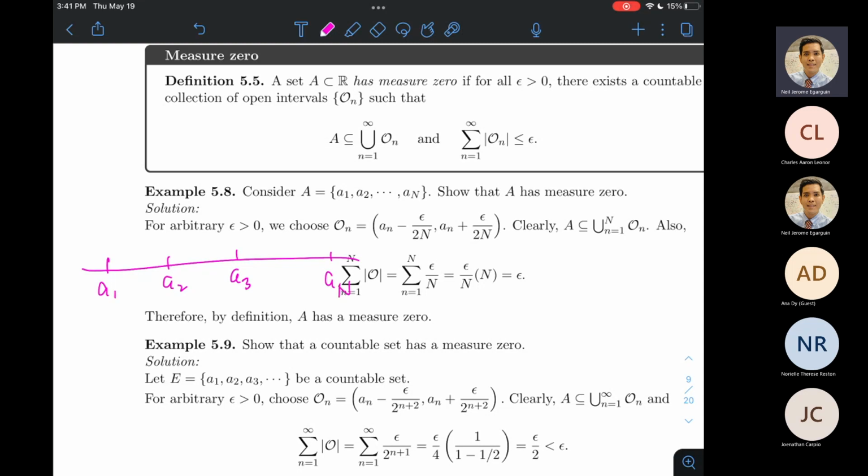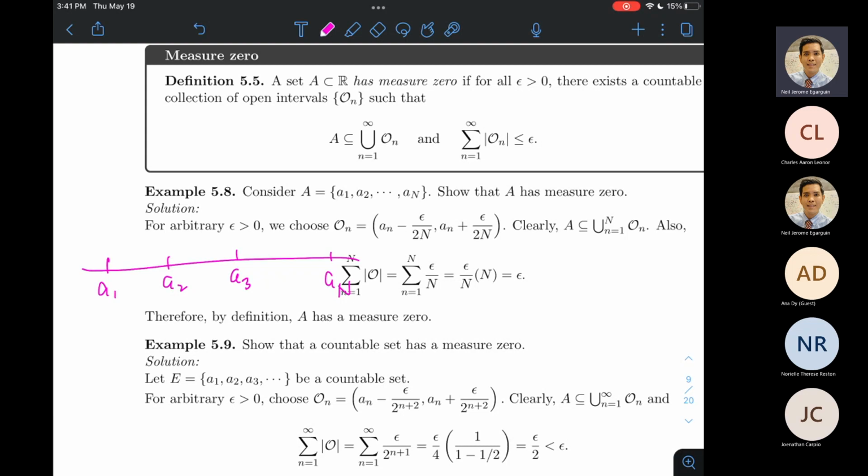Pag binigyan ako ng epsilon greater than zero, kaya ko pa rin gamitin yung budget na yon para sa length, para akong nagda-draft pick dito or nag-fantasy football or fantasy NBA, na meron lang akong budget epsilon. Kailangan ko siyang humanap ng mga players na makakapag-cover ng A1 to AN na hindi ako lalampas dun sa budget na epsilon. No?